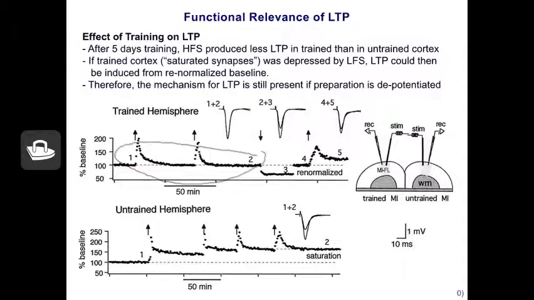So they couldn't be potentiated any further. They were saturated by the training. In contrast, the untrained cortex responded to 2 rounds of tetanic stimulation, and it was only after 2 rounds of stimulation that the synapses were maxed out.